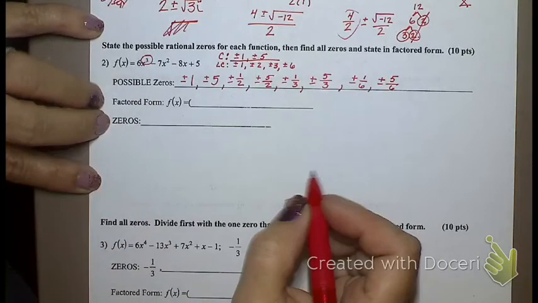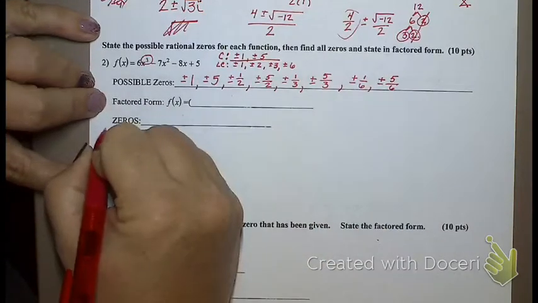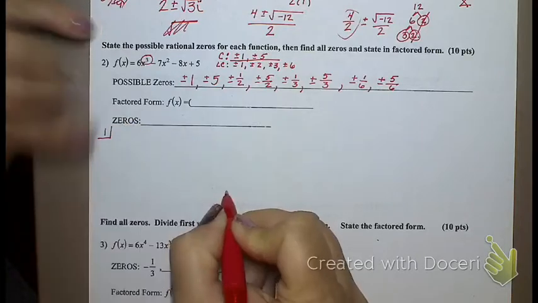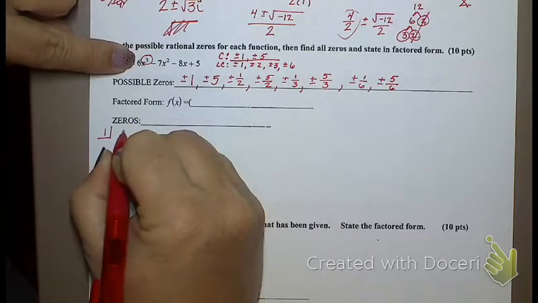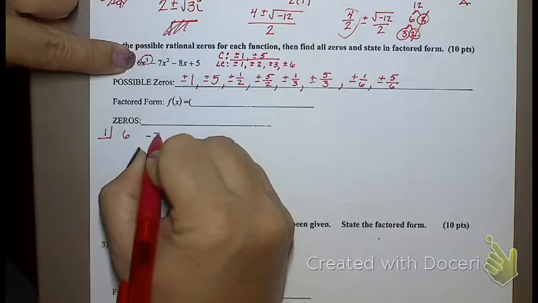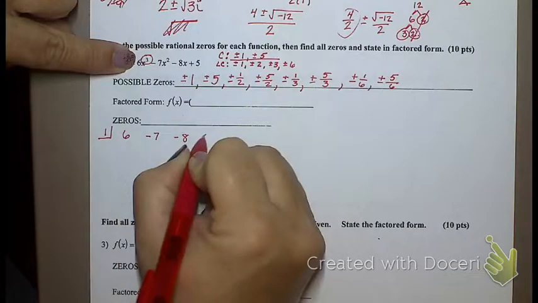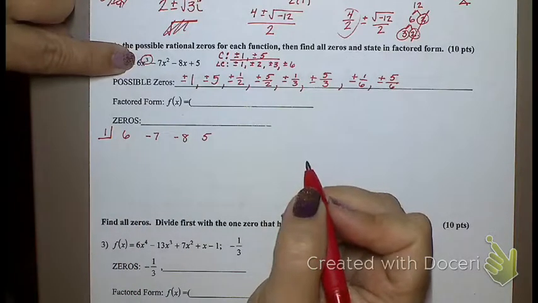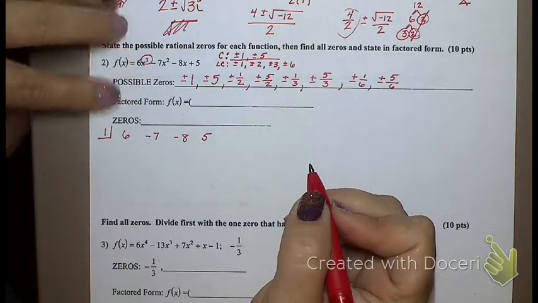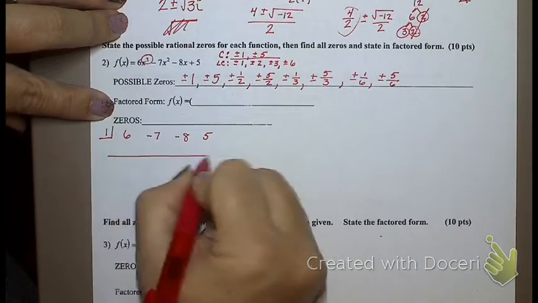So if I use, starting at the beginning of the list, if I use 1, what are my coefficients here? 6, -7, -8, and 5. Keep in mind you have to use a placeholder if there's a missing value in there. In this case, there isn't.